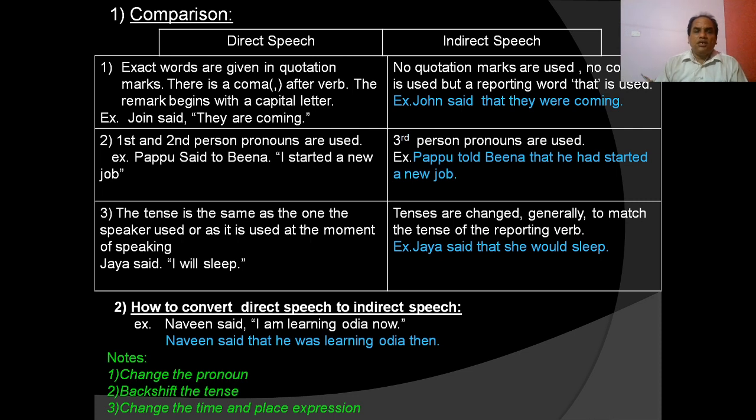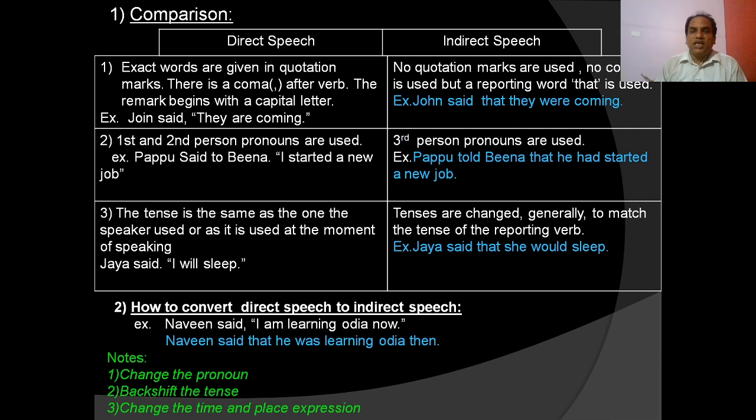You see, the comma is after the reporting verb said, and "They are coming" is within inverted commas, and it begins with the capital letter T.